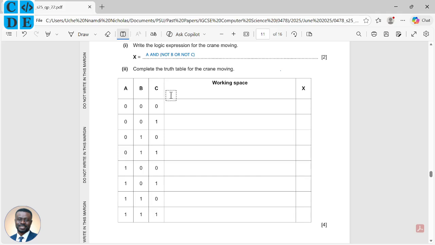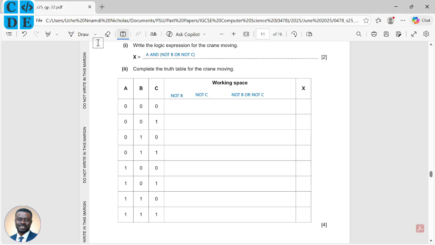Let's start from the inside of the bracket. We need our NOT B. Then apart from that, we need NOT C, and then we need NOT B OR NOT C.